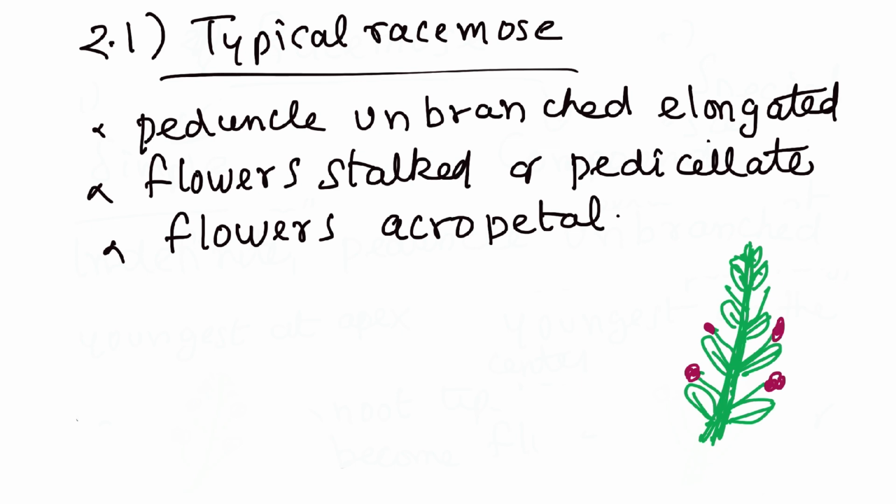So once again, the peduncle is unbranched and elongated. The flowers are stalked or pedicellate, and the arrangement of flowers is acropetal. That is, you have the oldest flowers at the base and youngest at the apex.